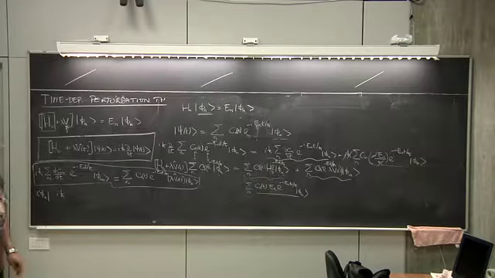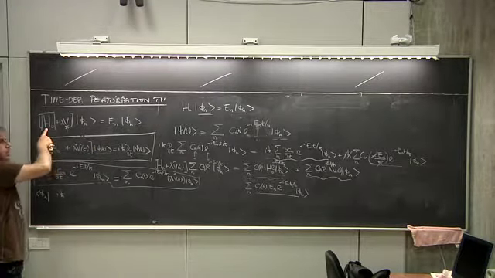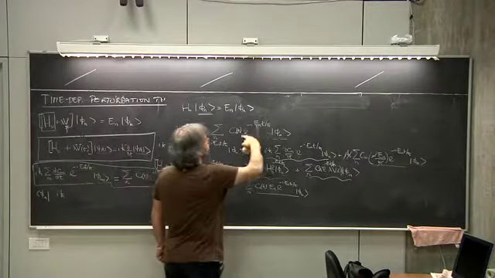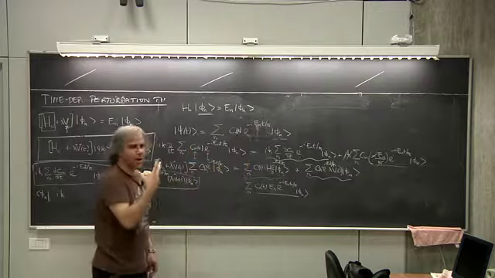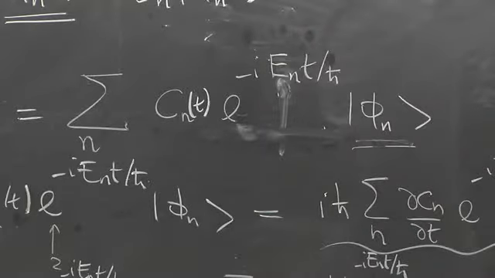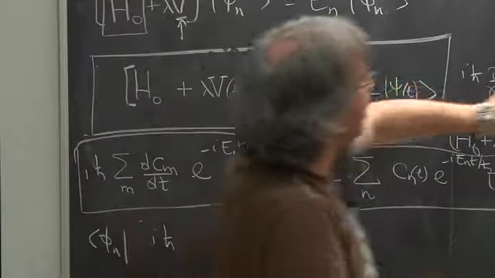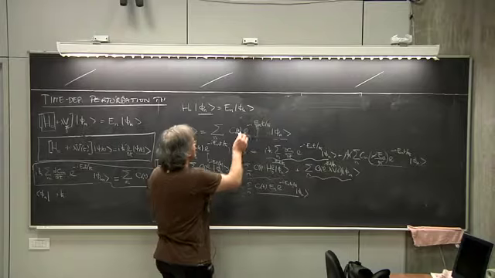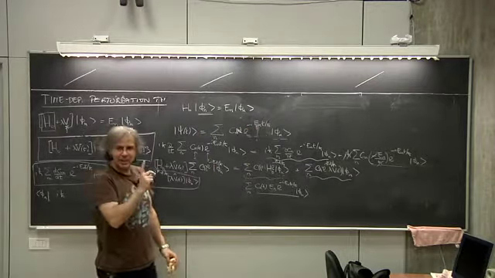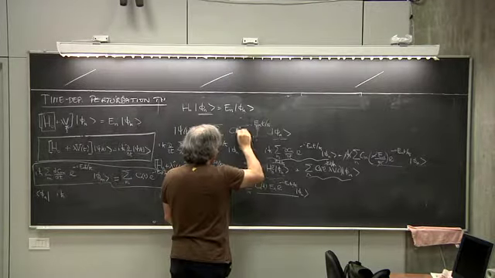So the phi n do not depend on t, the h0 does not depend on t, and this is a choice that would be somehow the right one if there was not this. Without this, you would get this and no time dependence there. But with the extra term, I leave that because I like it, but I put the time dependence here.